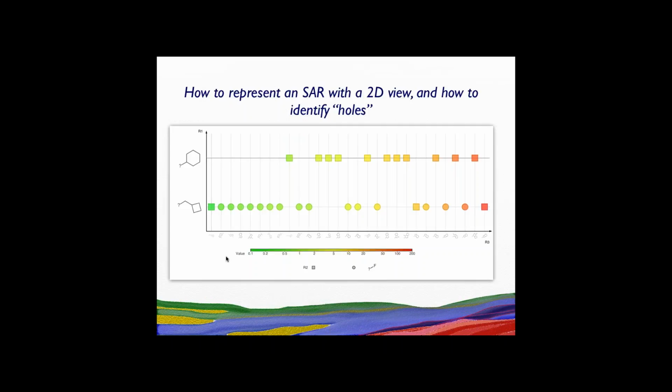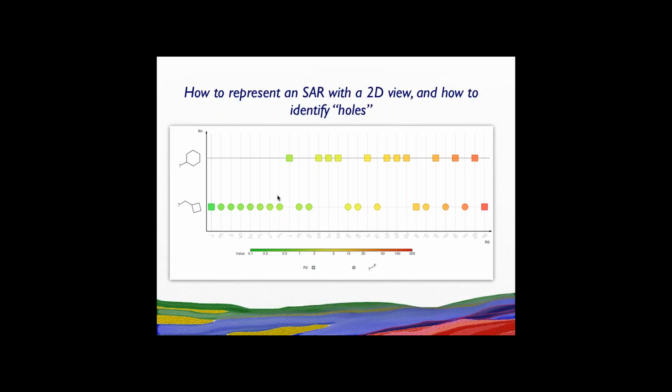Then we are going to create a 2D view where you can represent on the x-axis all the R3 substituents, for example, and other agents, so the two exit vectors, and then we have another exit vector which is R2, that we will represent using a different shape for the marker.